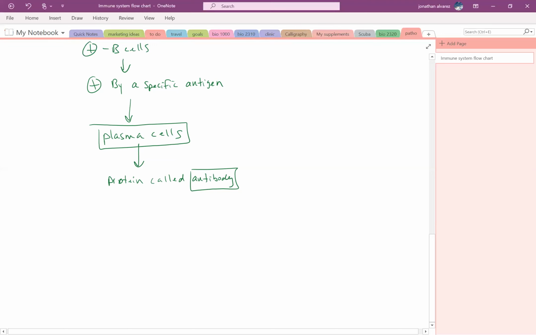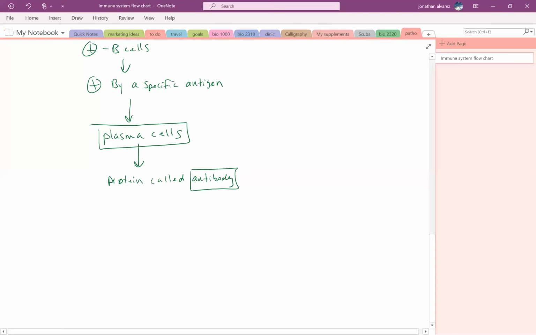Yeah, so once the B cell is activated, now that you've pissed it off and it's going to start wreaking havoc on the bad guy, that activation turns it into a plasma cell. And at that point, that now active plasma cell releases those antibodies. Got it.